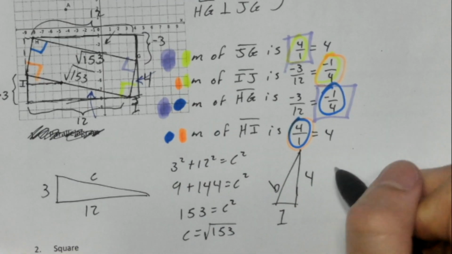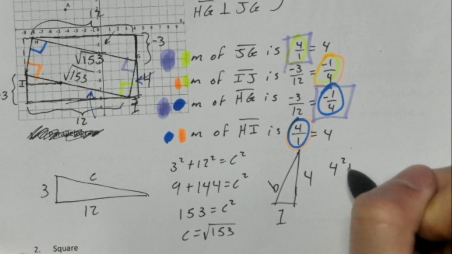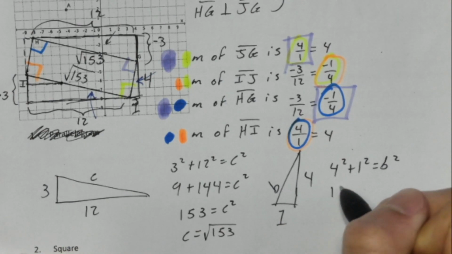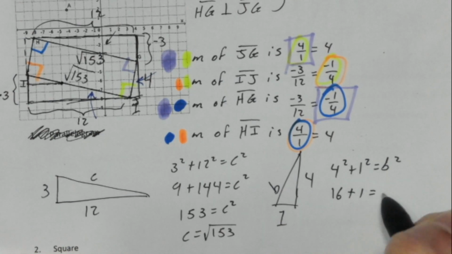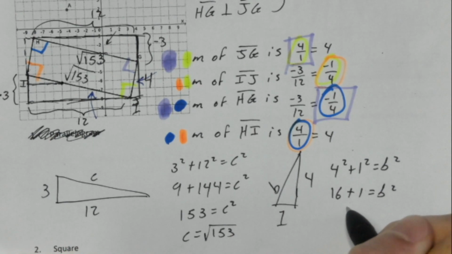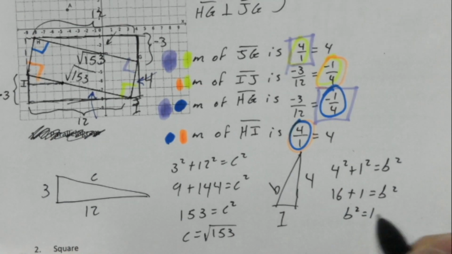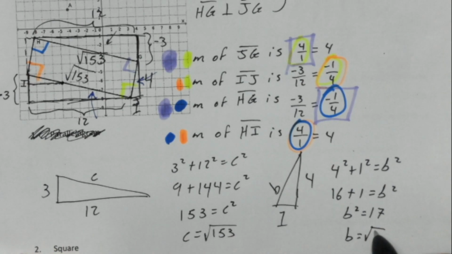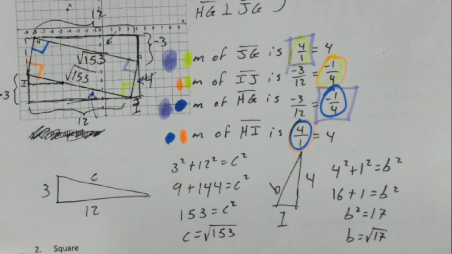So using the Pythagorean theorem, I'm going to get 4 squared plus 1 squared equals B squared, which is going to be 16 plus 1 equals B squared, which is going to be B squared equals 17. Therefore, B equals the square root of 17.